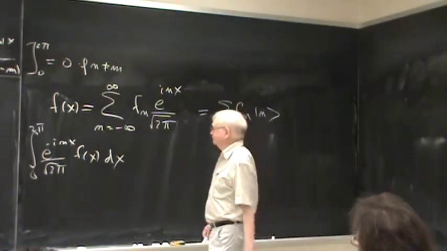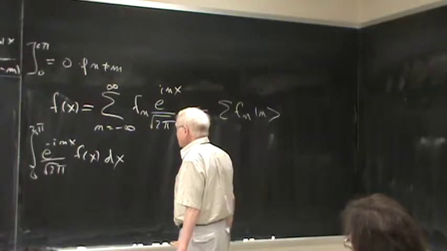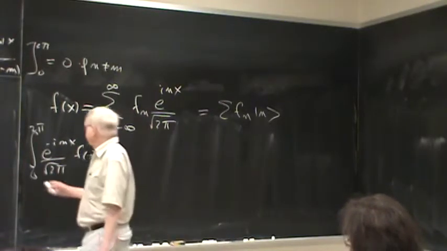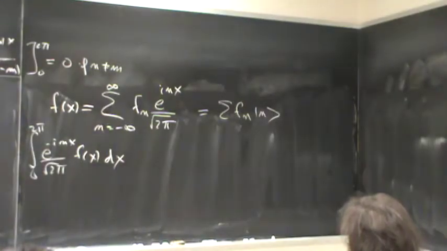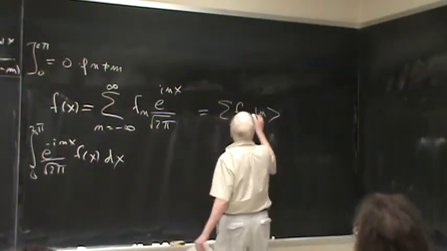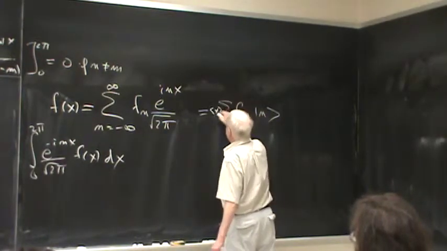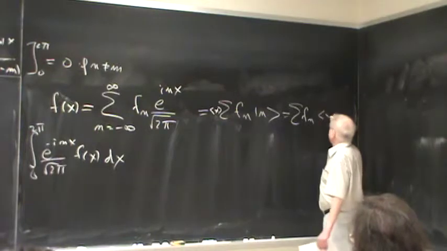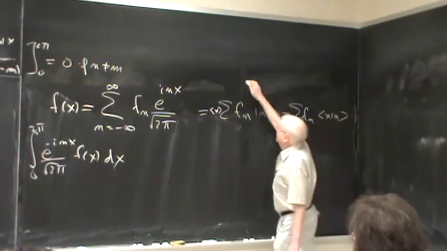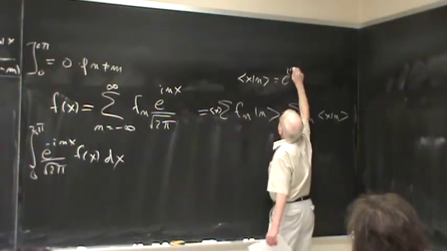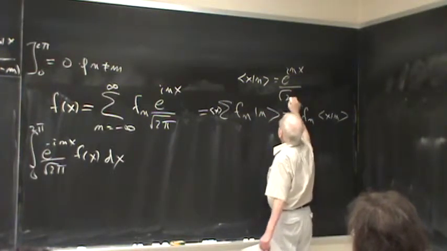And now what we're doing here is, I should say, x is some sum of f n times x n, where x n is e to the i n x over square root of 2 pi.